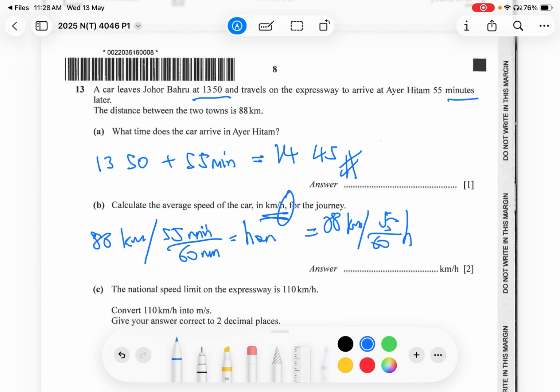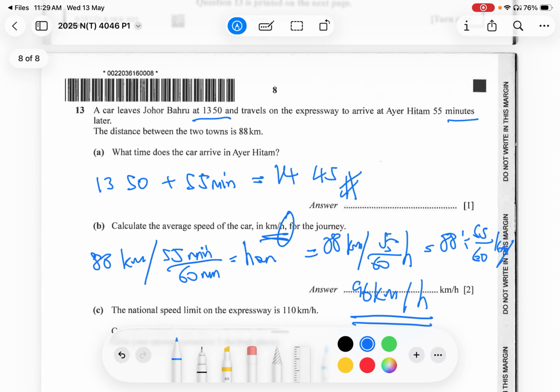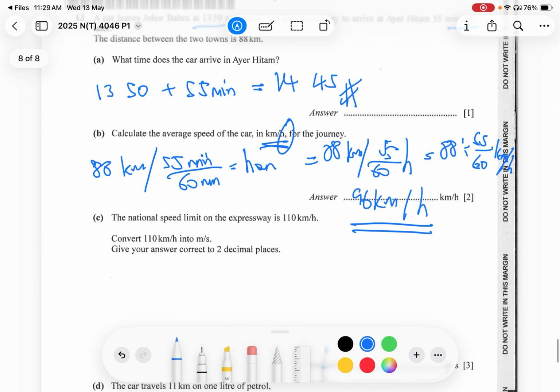Then I change to 1 hour by dividing 88 by 55 over 60. That's 96 km per hour. Then from here I can find out the km per hour.